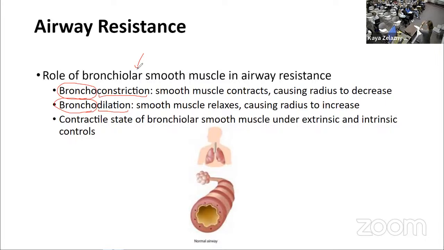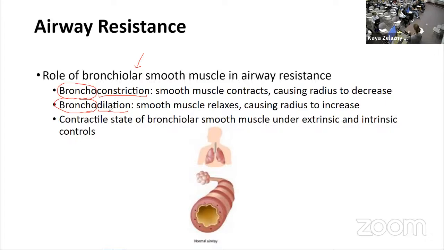So when we have a little narrow passageway, we have higher resistance, and therefore we're either going to have less flow or we're going to have to exert more pressure to have the same flow. So in bronchodilation, it's just the opposite, just like vasodilation was the opposite of vasoconstriction. So that smooth muscle, if it relaxes, your airway gets bigger, the tube gets bigger, radius goes up, resistance goes down.